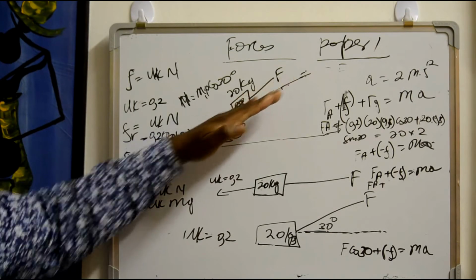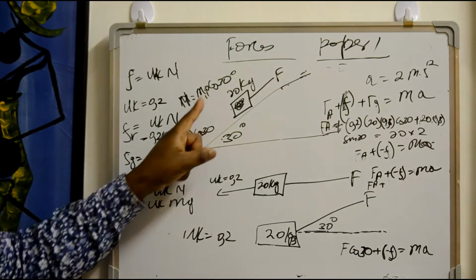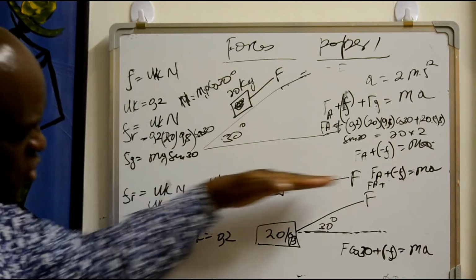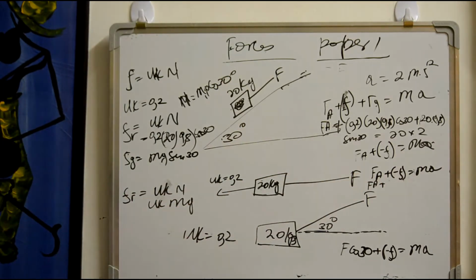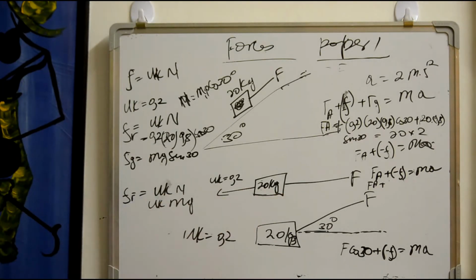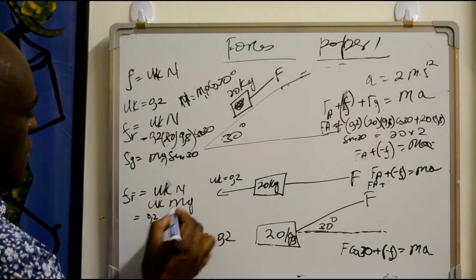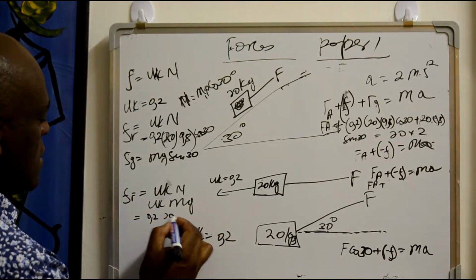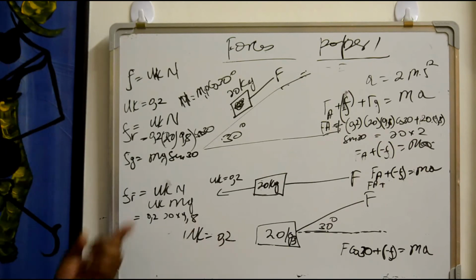When it's going on an inclined surface, my normal is mg cos 30. But on the horizontal surface, my normal is mg. I think you get an understanding of what I'm saying. Then it's 0.2 times 20 times 9.8. That's my friction force.